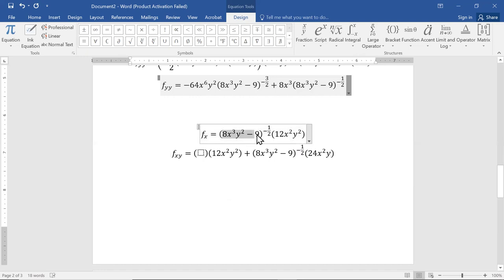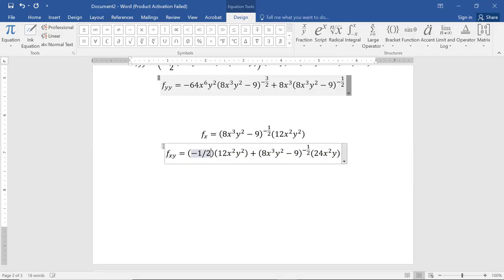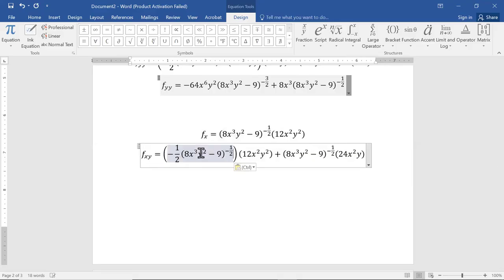Derivative of this first component with respect to y is going to be negative 1/2 comes out front. I take that entire thing and I reduce the exponent by 1. So I get that entire thing raised to the negative 3/2 power.